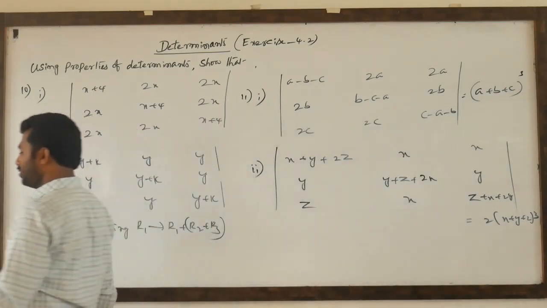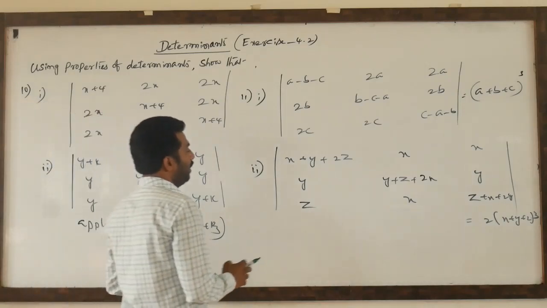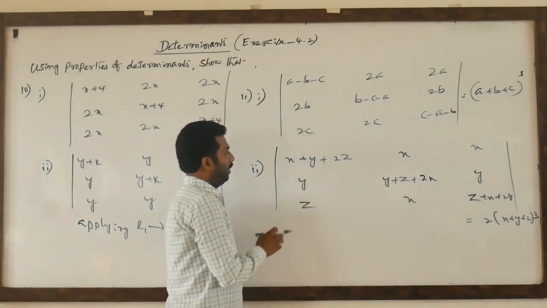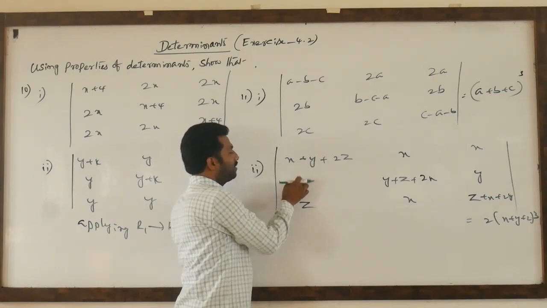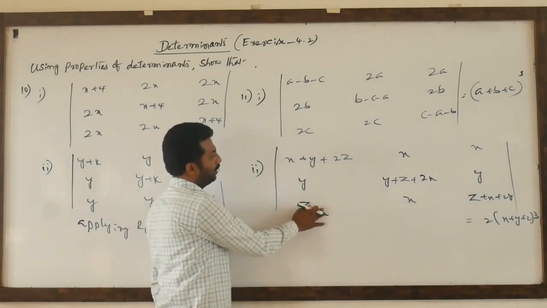Again, the same procedure you have to apply. How to apply? See here, 2z. If I add y, it means 2y.